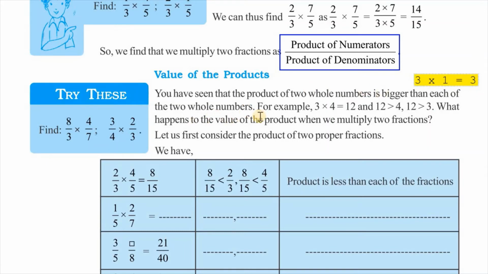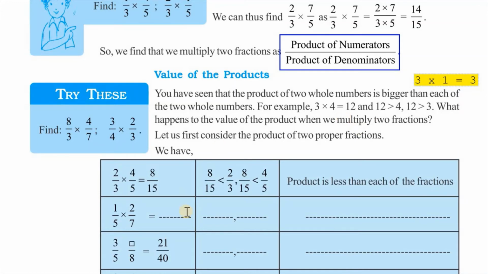So the product is bigger or equal to either of the two whole numbers. What happens to the value of the product when we multiply fractions? So now we are trying to find out what happens to the value of the product when we are multiplying two fractions. In case of whole numbers, the product is always greater than or equal to the whole number.